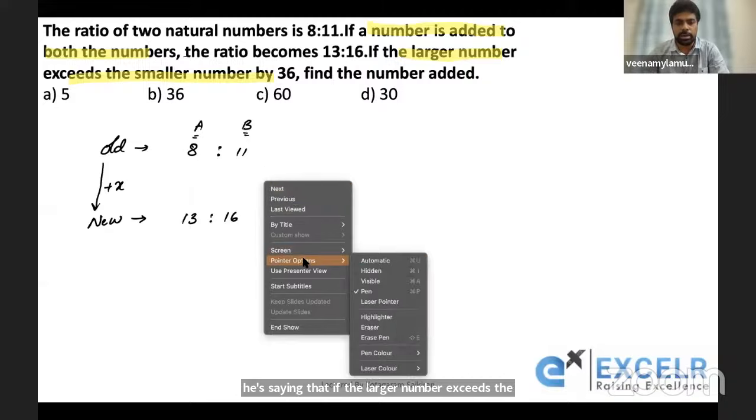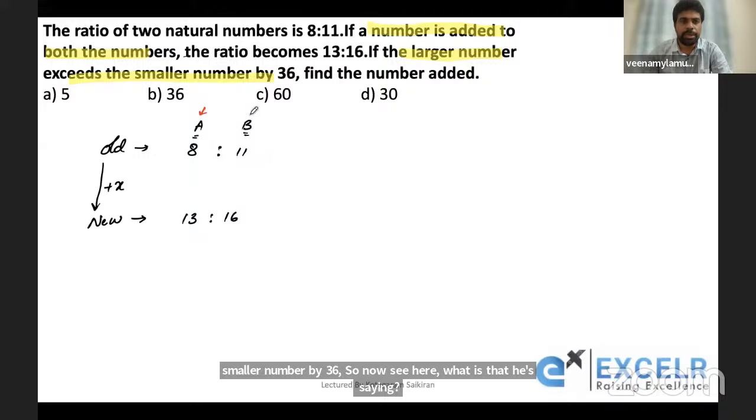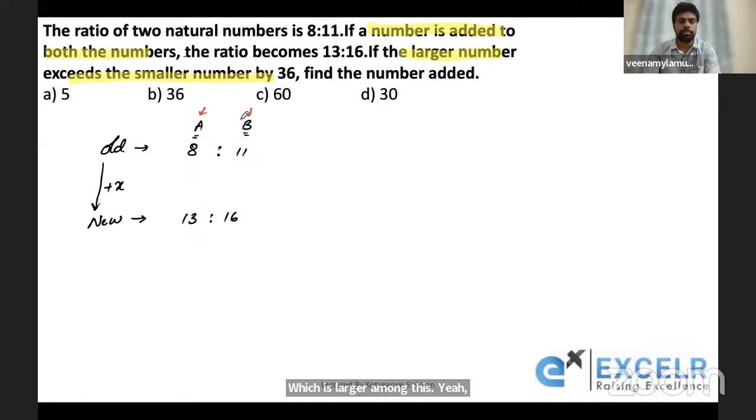So now see here, what is he saying? Which is larger among these, A or B? You comment.